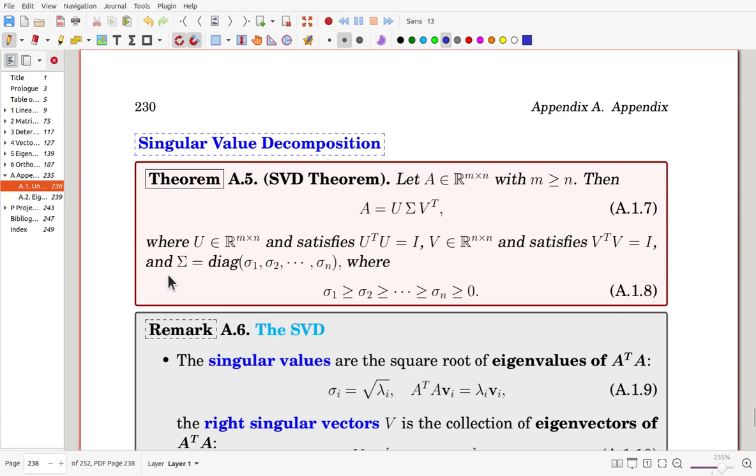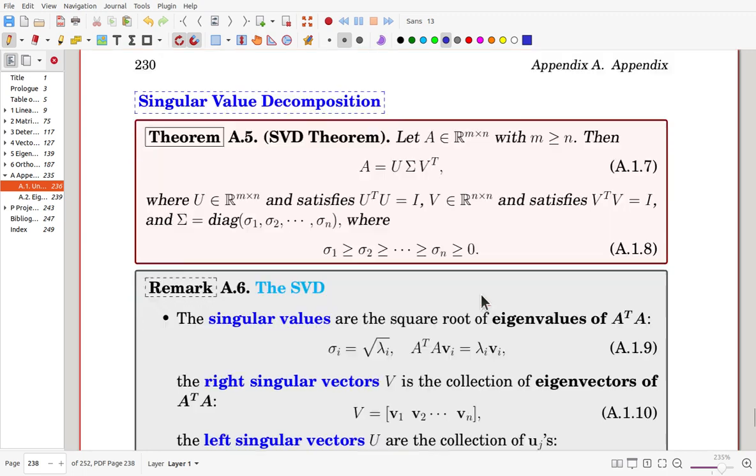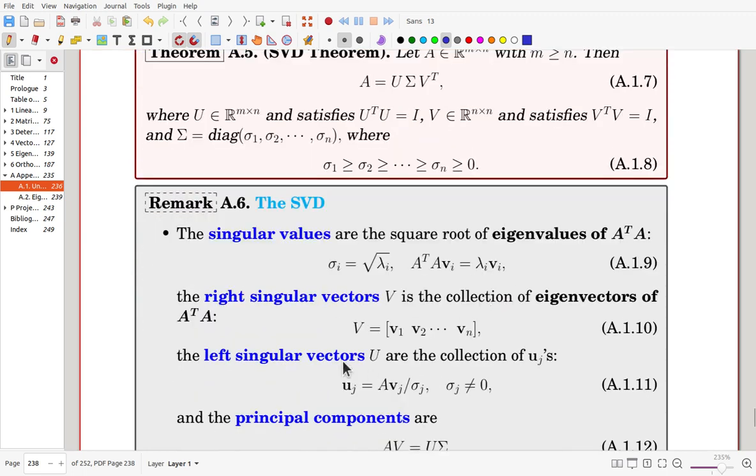And sigma is also a square matrix. In fact, it is a diagonal matrix, having entries sigma 1 to sigma n, in descending magnitude. Okay, here we have some detail for the decomposition.